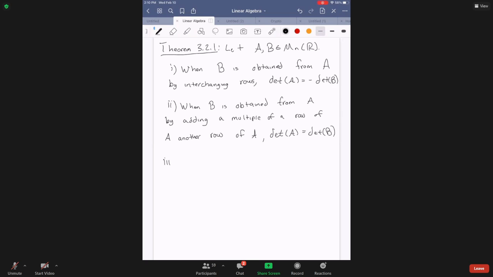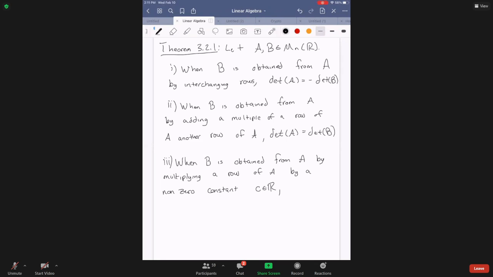And then last but not least, what happens when you multiply a constant to a row, right? So when B is obtained from, say, A by multiplying a row of A by a non-zero constant, say C, okay?